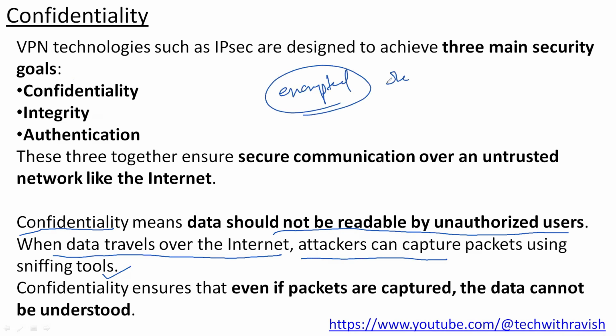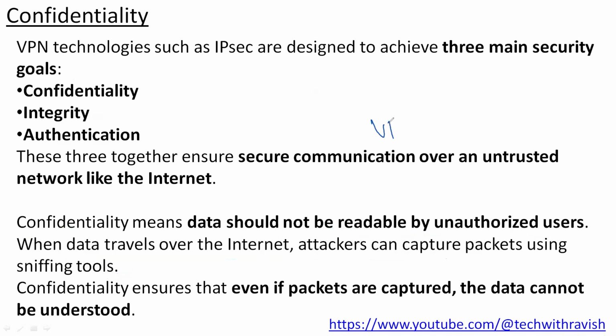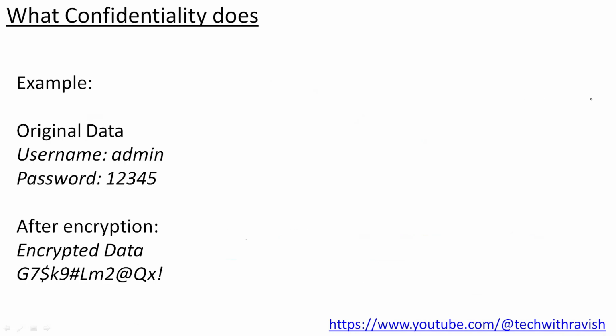They cannot read this, and this surety is given by the VPN confidentiality. Confidentiality ensures that even if packets are captured, the data cannot be understood or read. As I told you, no one can read your data. So this is an example. This is my original data and this is encrypted data that cannot be read.